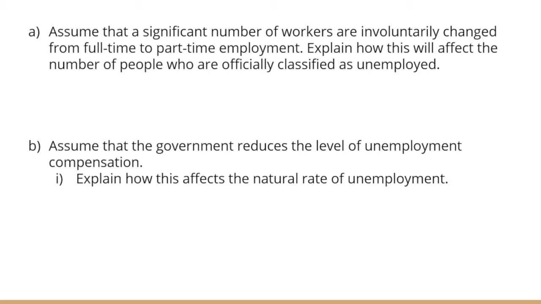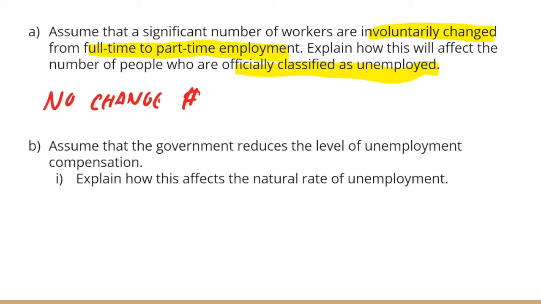All right, so let's go over this. This is from the 2006 FRQ. So part A: assume that a significant number of workers are involuntarily changed from full-time to part-time employment. Explain how this will affect the number of people who are officially classified as unemployed. Well, the correct answer here is that there is no change in the number of unemployed people.